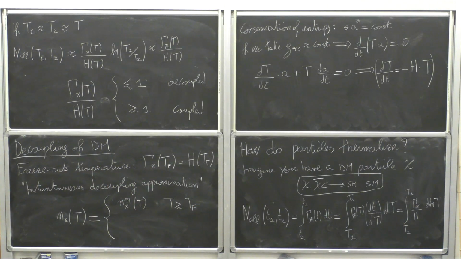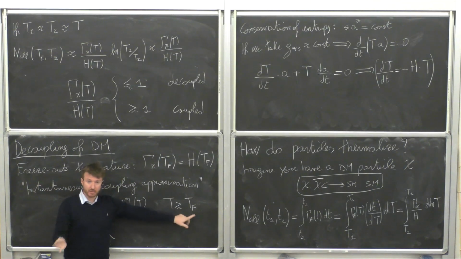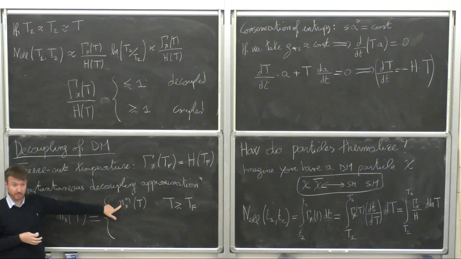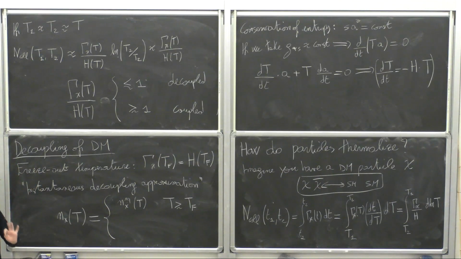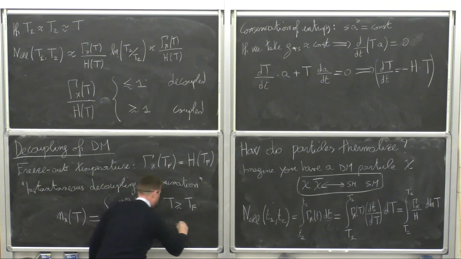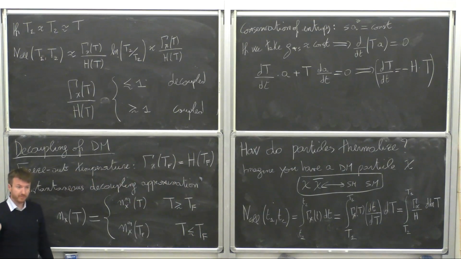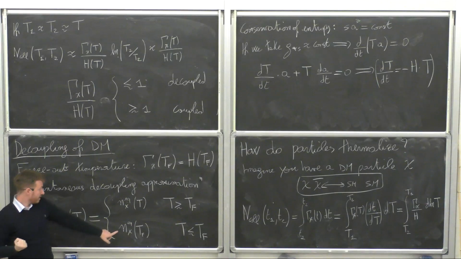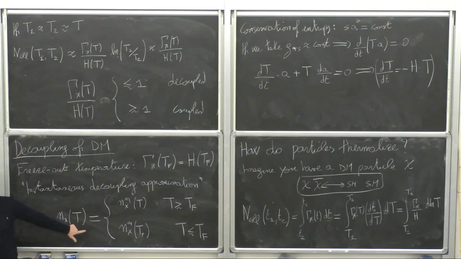Because I say that within this approximation, for temperatures larger than Tf, dark matter particles are in equilibrium. So I can safely put this, okay? And then here is the key. I can say that if the temperature is below the freeze-out temperature, the number density is the one that freezes out and it doesn't change anymore. Do you agree or not with this expression?